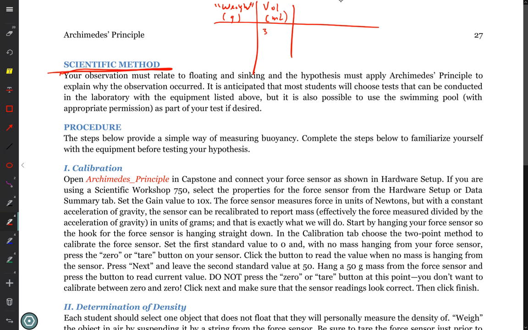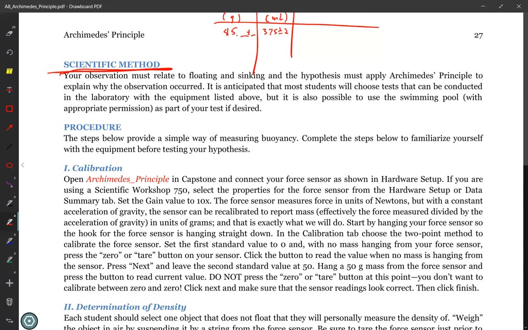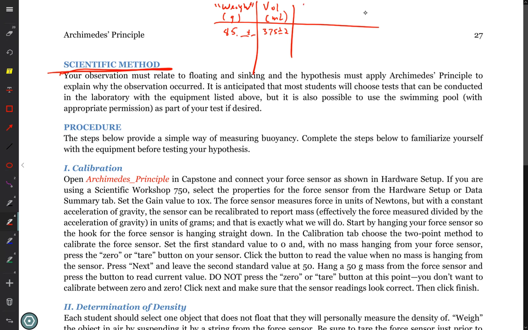And I started with 375 plus or minus 2 milliliters. And what was it? 85. Okay, I'm going to put 85 point something plus or minus something, because I'd have to go back and read that. And then I have my second weight, again in units of grams, and that was roughly 55.